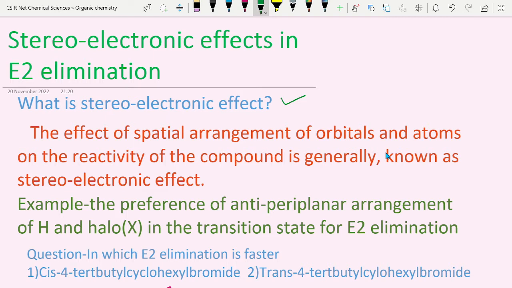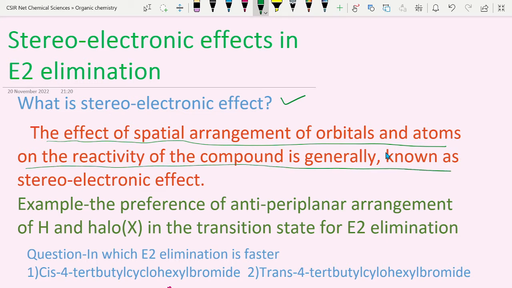The effect of the spatial arrangement of orbitals and atoms on the reactivity of the compound is generally known as the stereoelectronic effect.